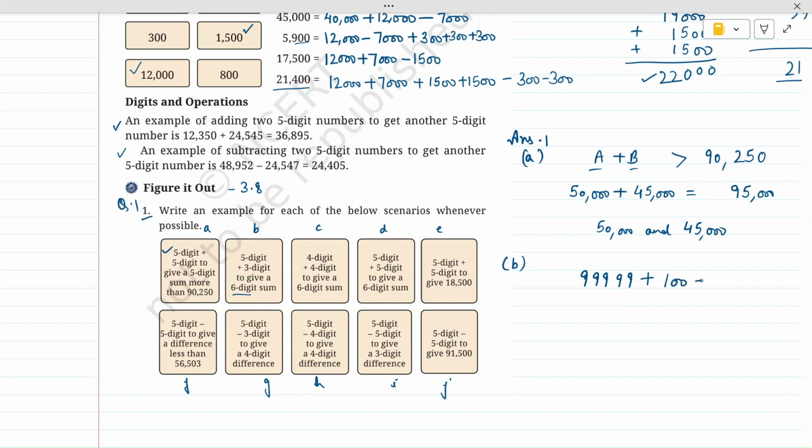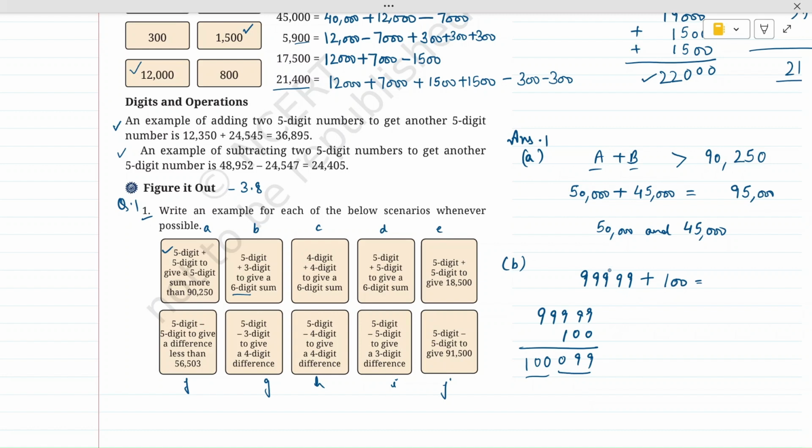So when we add this, let us see what we will get. I'm adding it here for you: 9, 9, 9, 9, 9 and then 100 to this. This gives 100,099, and this is a 6-digit number. So we are done.